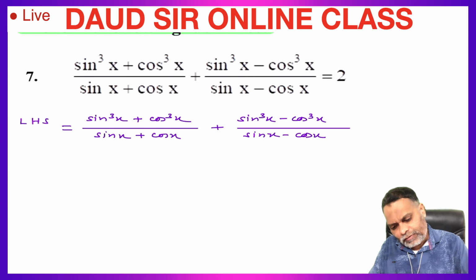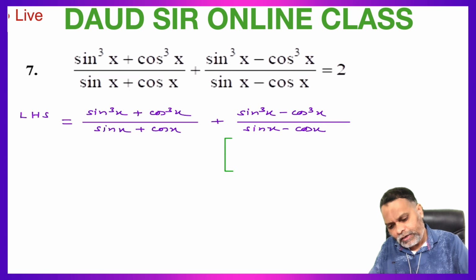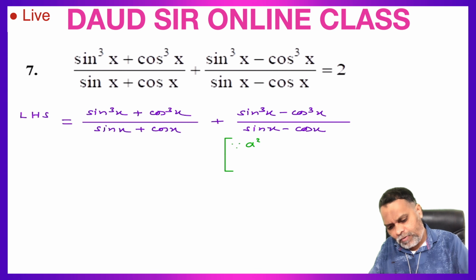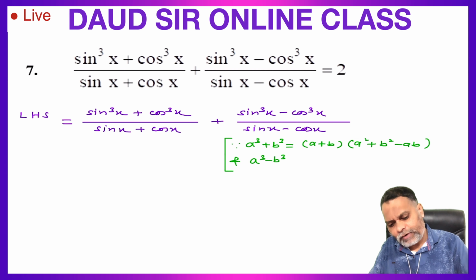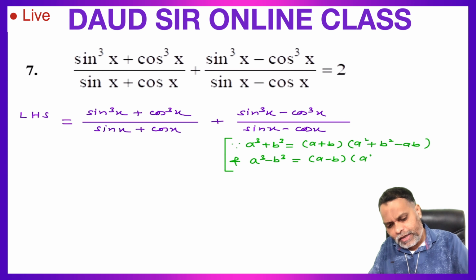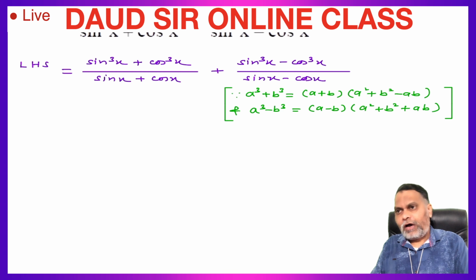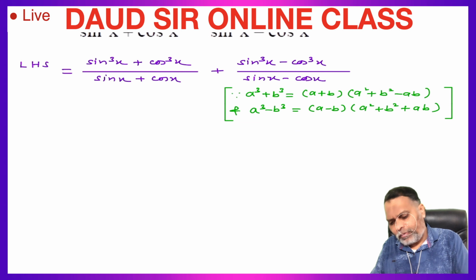So what are the identities? a cube plus b cube is equal to (a plus b) into (a square plus b square minus ab), and a cube minus b cube is equal to (a minus b) into (a square plus b square plus ab). Now use these identities in the numerator.